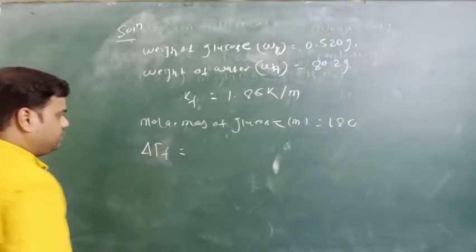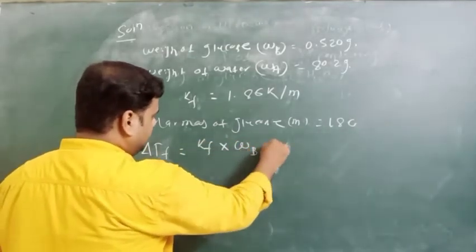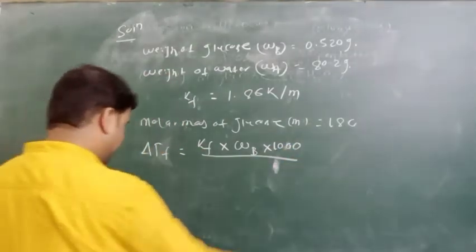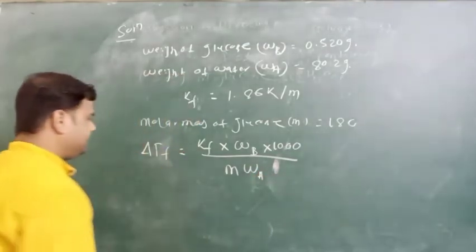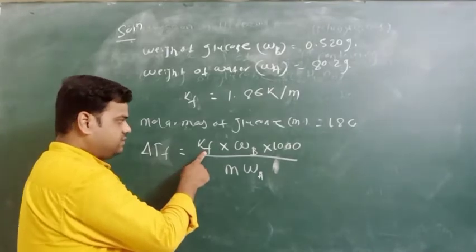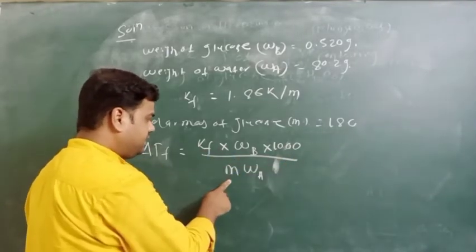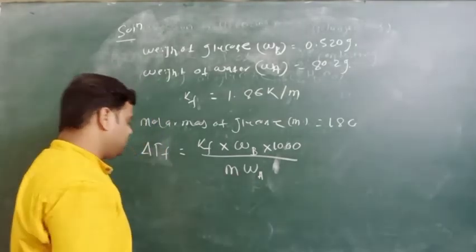Del TF equal to Kf into WB into 1000 divided by M into WA. Here Kf is the Kraskowski constant, WB is the weight of the solute, M is the molar mass, and WA is the weight of the solvent.